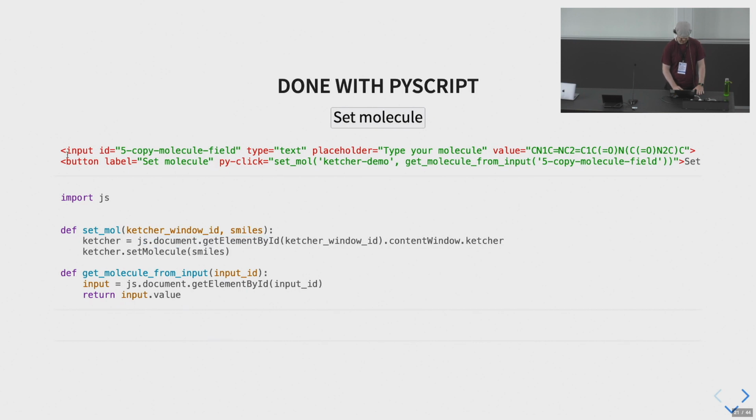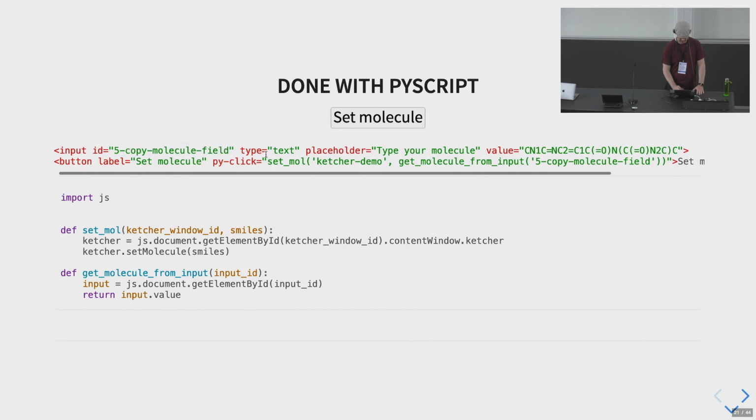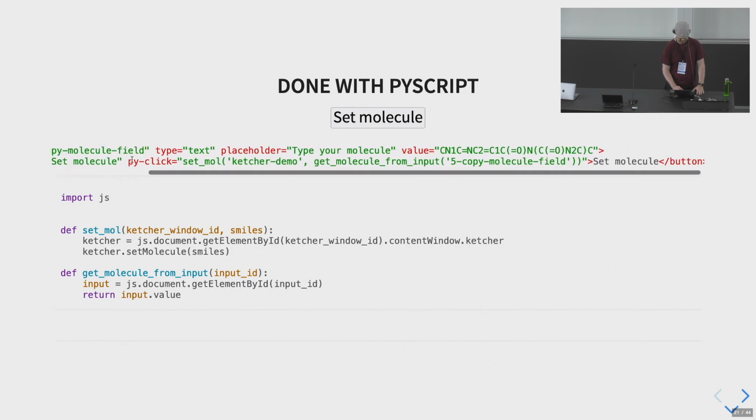See, here you see that we have an input with this identifier, and in this button we have this py-click attribute that calls this setMol function, and inside of it we have the identifier of a Ketcher window and a call of this function here.